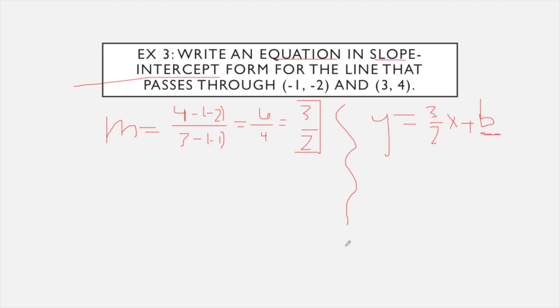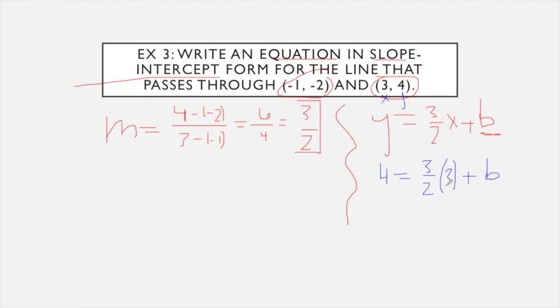Do we have x and y somewhere lying around? Well, yes, we can pick either point here, plug in those values, and solve for b. So let's just say we plug in 3 and 4 to just have positives. So the y value is a 4, the x value is a 3. So 4 equals 3/2 x, x in this case is a 3, plus b is what we're looking to find.